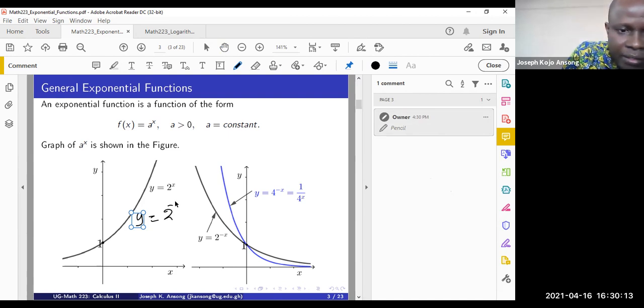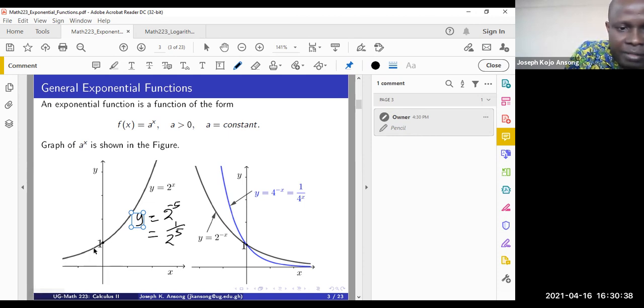Let's say -5. But 2 to the -5 is the same as 1 over 2 raised to the power 5, and now that is very small. That is 1 over 32, right? And then imagine that the 5 was even bigger as you go here. Then the denominator is bigger and the number becomes even smaller. So as you go to negative infinity, you expect that the graph will decrease.